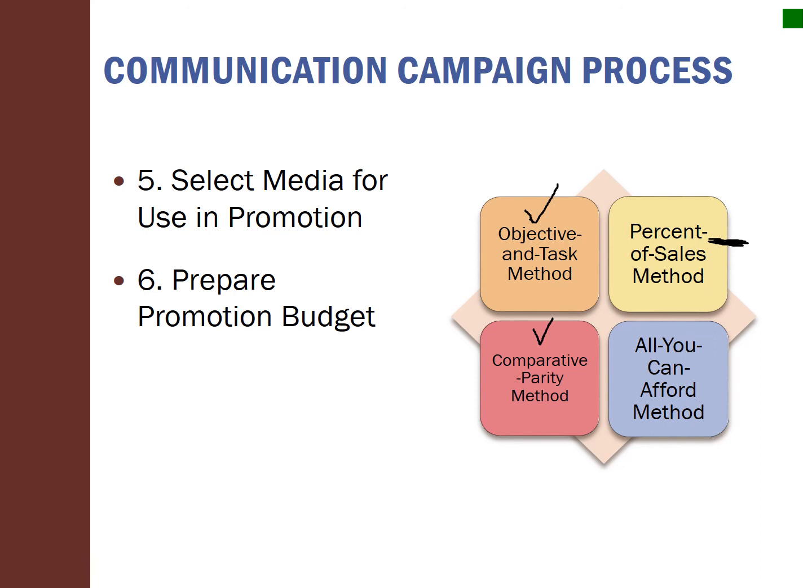If your sales go down, using this method says that you should spend less on advertising because your sales are going down, and the percentage can stay the same. 10% of $500,000 is more than 10% of $400,000, and if your sales go from 500 to 400, that means you're going to be spending less. So it's a bit counterintuitive, and it doesn't really fly well with real money management.